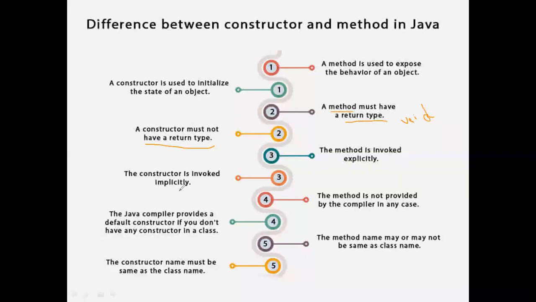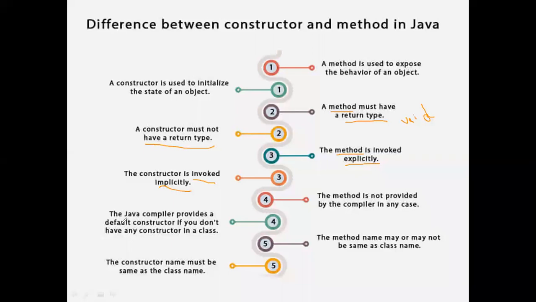Constructors are invoked implicitly. That means they will be executed automatically when we create an object of that particular class. But methods will not be executed automatically. We have to call these methods explicitly. We have to make use of an object, and by the use of that object, we have to call that method explicitly.